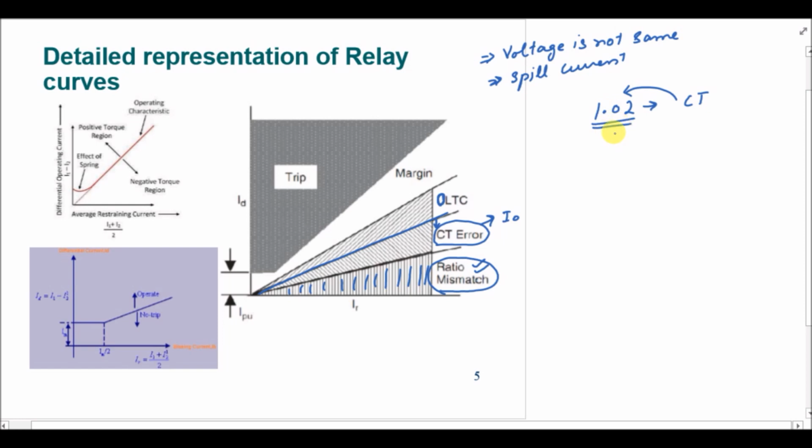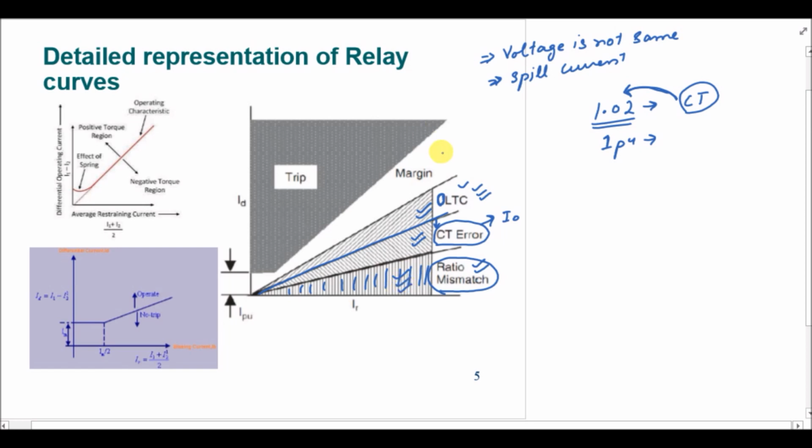But if now the tap is changed to 1 per unit, the CT is still set as per the earlier value. On the primary side the current will be the same, but on the secondary side we have a different current for which the CT was not set. So there is an error because of the operation of OLTC. We have to consider the OLTC operation as well as the CT error as well as the ratio mismatch.